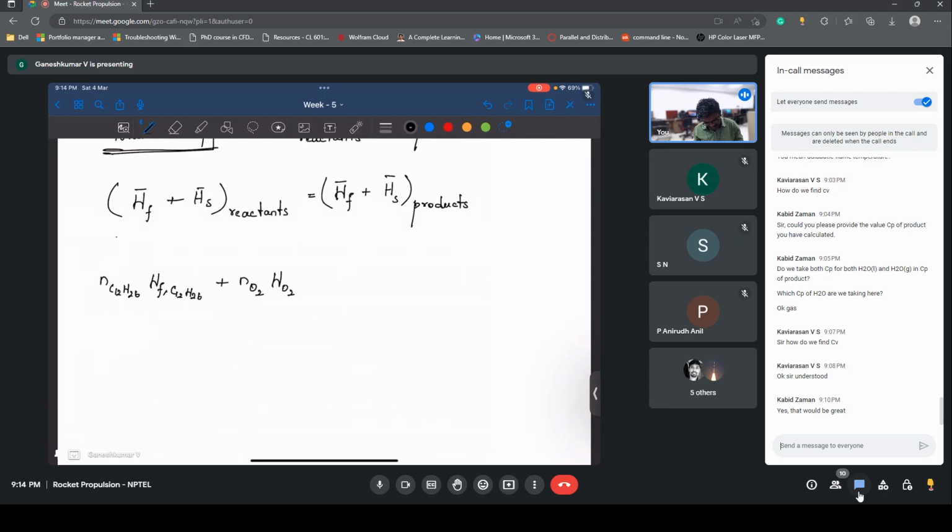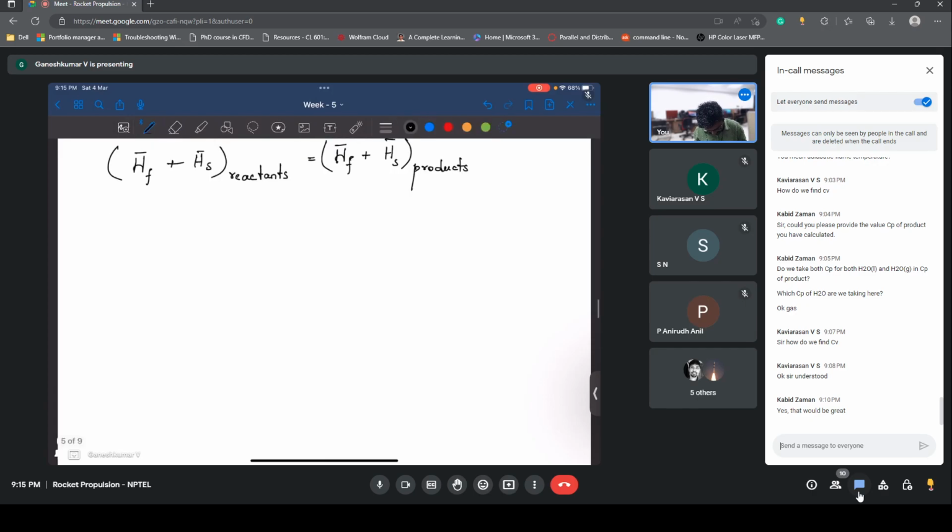So basically these are nothing but summation of Ni times (HF plus Hs). Both are the same, I just wrote it in terms of it. Let me write it in terms of that, it's not a confusion. Summation of Ni H bar, this is for reactants.